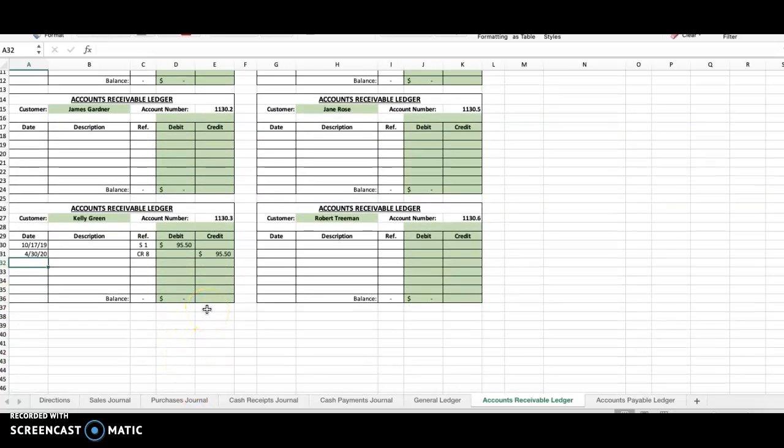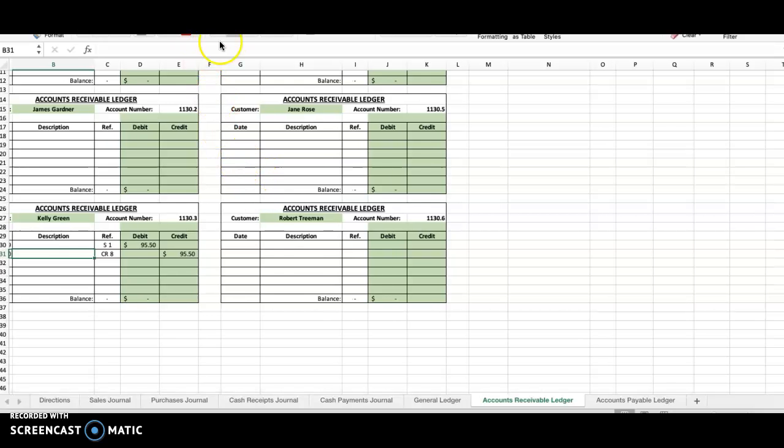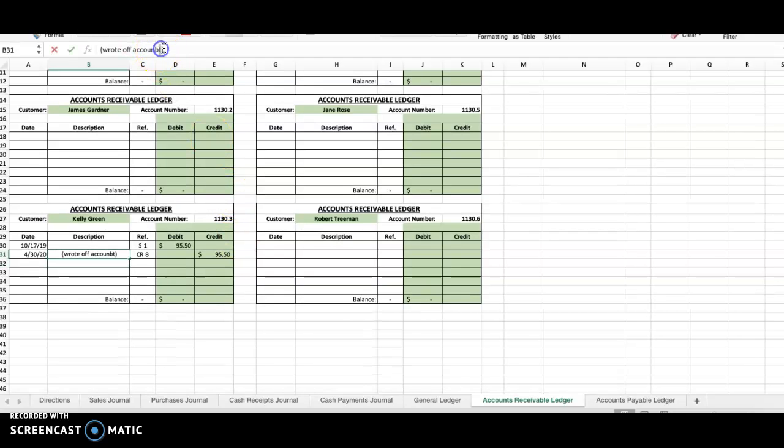Now we don't want to indicate that she paid us because she didn't pay us. This is when we use the description column once again. So we will put something like this. Wrote off account. If I could spell it correctly, that would be nice.